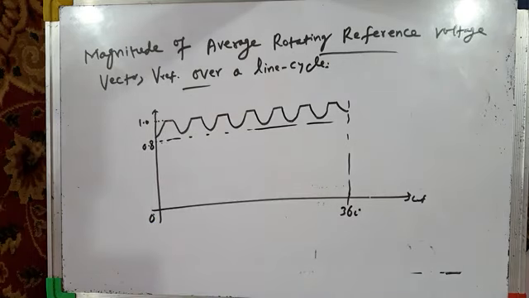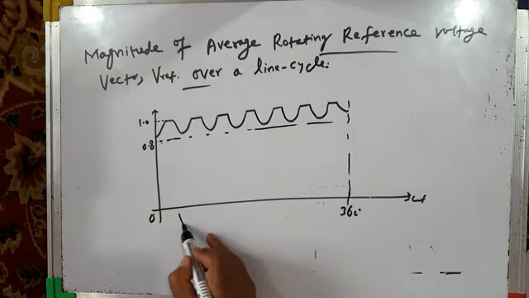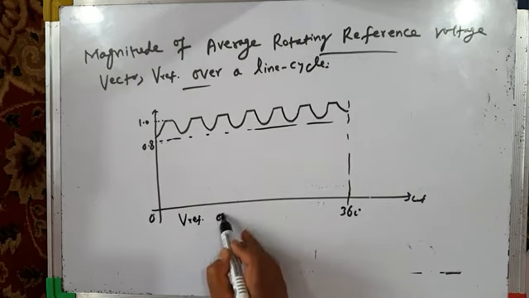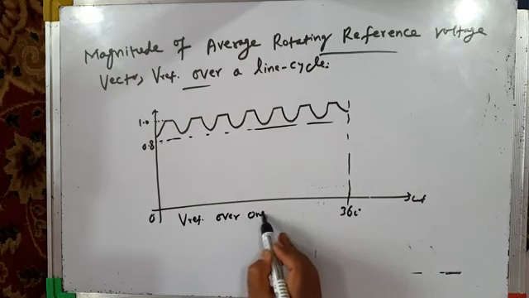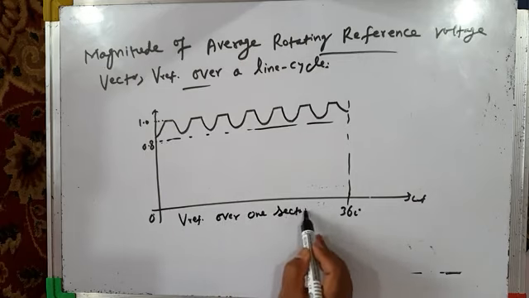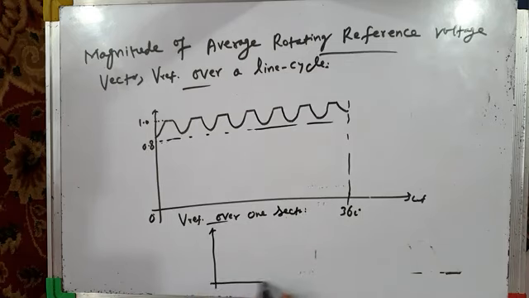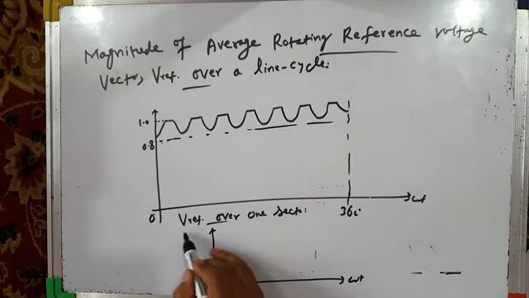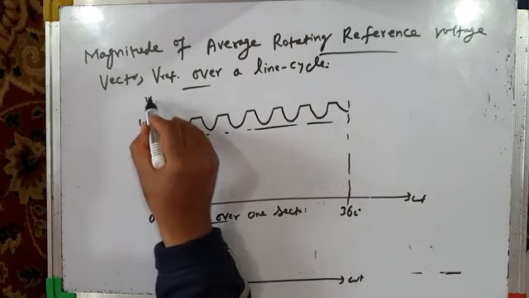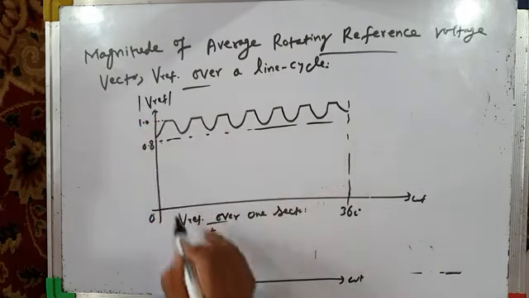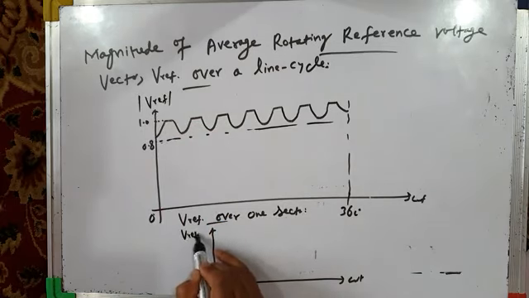And if you see magnitude of average rotating reference vector over one sector, so if you see Vref over one sector, it will look like this. For example, this is omega t, say 90 degrees to 150 degrees. And here also you can write Vref magnitude.